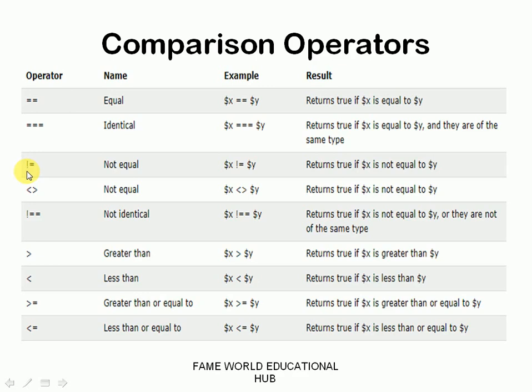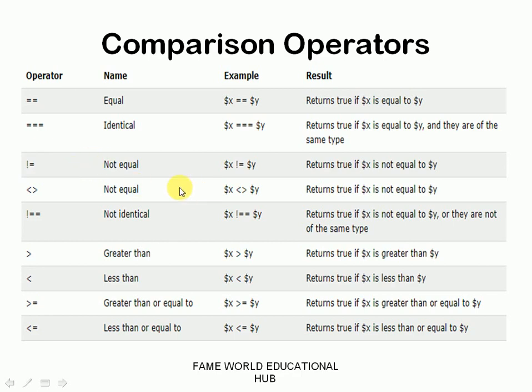Now coming to the next one, and that is not equal to. This exclamation mark is used for representing not. We will study it further in this video, when we cover the logical operators, where we will study not. So here, the exclamation mark is used for not and equal to.